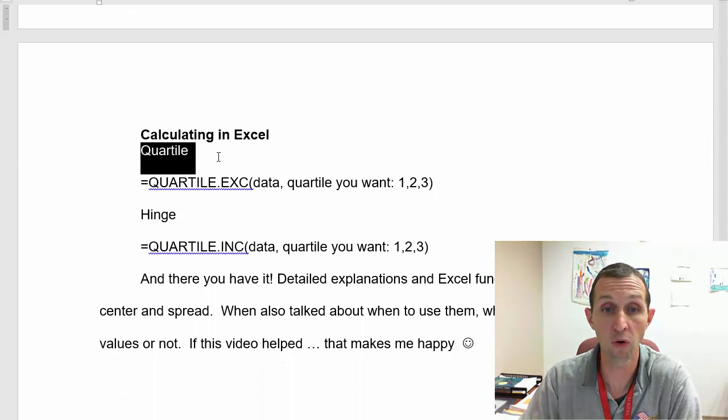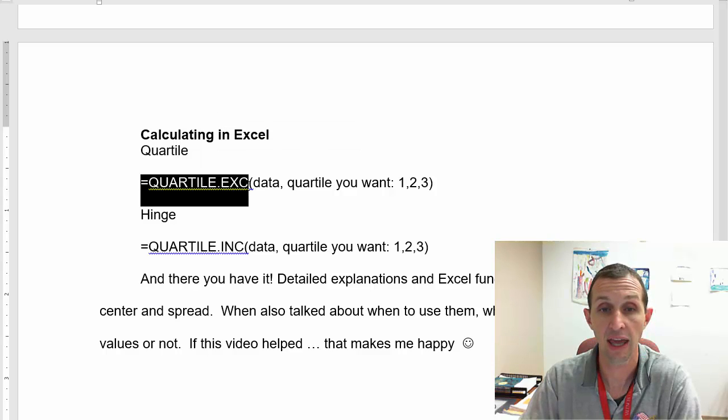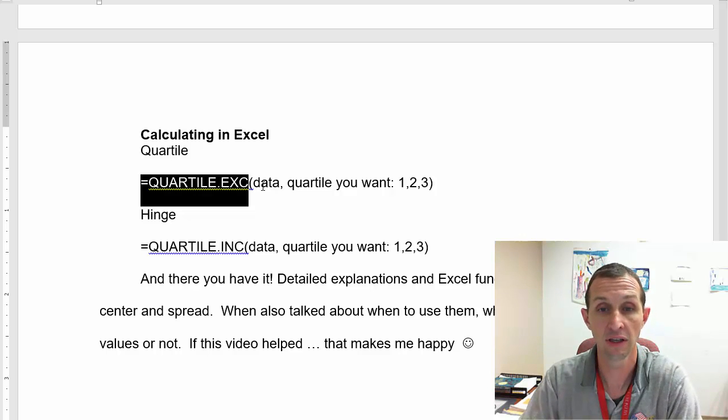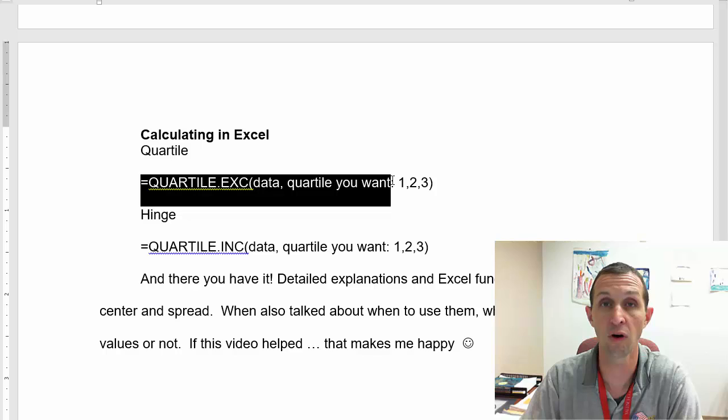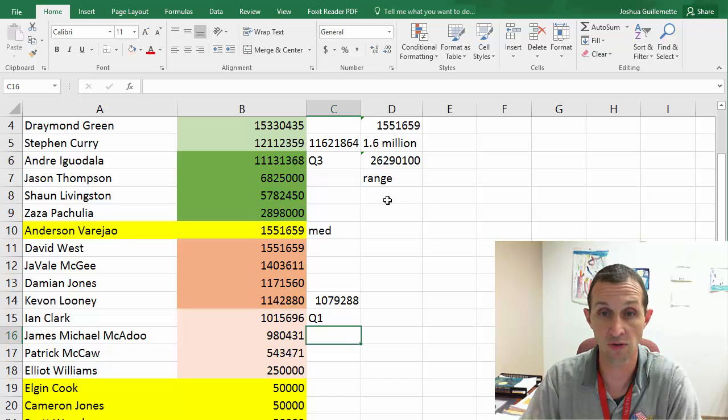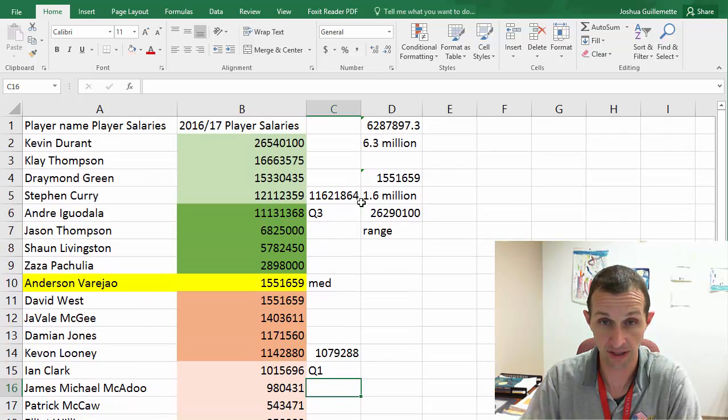Okay? So for a quartile in Excel, you can actually do quartile exclusive, that excludes the median, that's how you know it's a quartile, and then the data and the quartile you want, either the first quartile, the median, or the third quartile. And so let's go ahead and see if we can actually get the same values from exclusive. Right? So here we go. So I'm going to go up here, and what I want is to get this value right here.